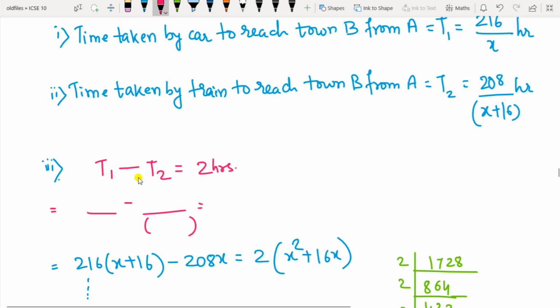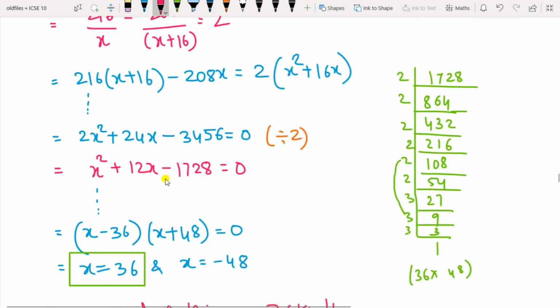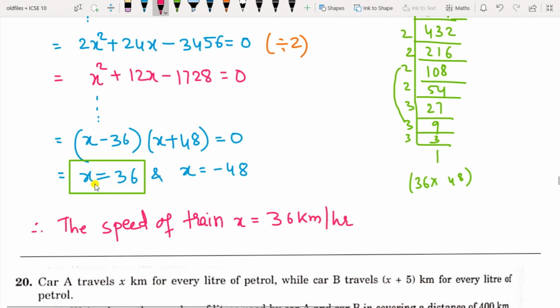So this will be T1 minus T2 equal to 216 upon x minus 208 upon x plus 16 equal to 2. Then you form your quadratic equation. This is your quadratic equation. Solve it. You get x equal to 36 and x equal to minus 48. So we will consider x is equal to 36, that is the speed of the train.